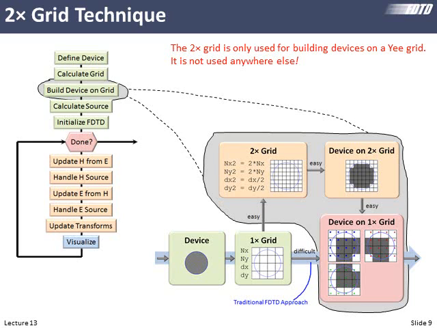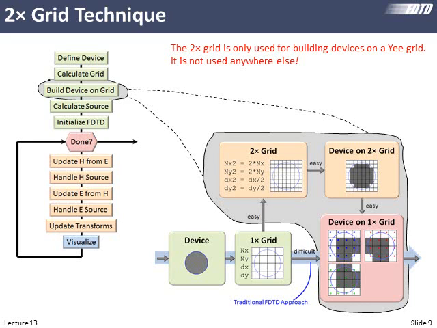They're staggered. It's crazy. So a way through this is we'll calculate one Yee grid. We then double the number of points. It will still describe the same physical amount of space, but with twice as many points. And then we forget about the Yee grid for a little bit, and we build our device on this 2x grid. So it's a grid with twice the number of points.